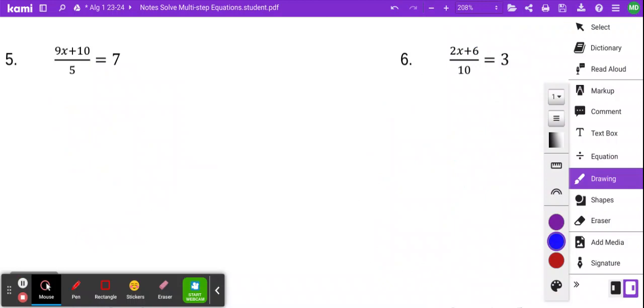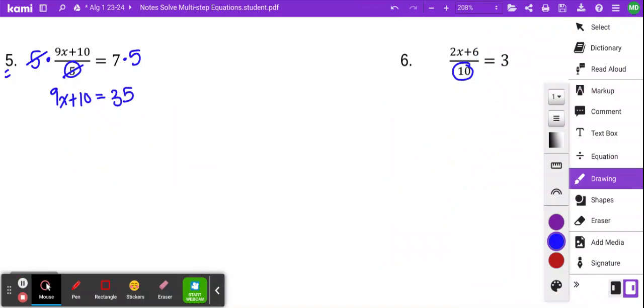For 5 and 6, we see some fractions. To get rid of those fractions, there's only one fraction here and one fraction here. Okay, let's take a look at number 5 first. For number 5, our denominator is 10. Let's get rid of the fraction by multiplying by 5 both sides. So our 5 and 5 would cancel to leave us with a 9x plus 10 is equal to our 35.